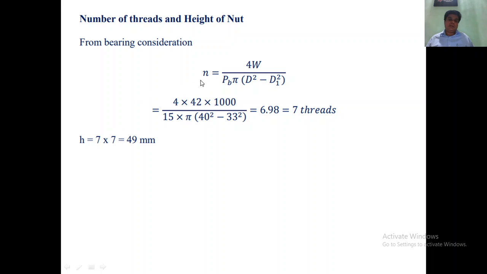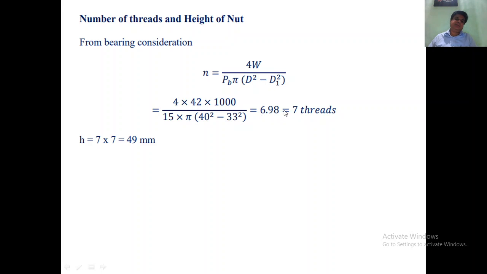If the bearing pressure is known, the load is known, and the diameters are known, you can calculate the number of threads. We get 6.98, and we can round it up to 7 threads.